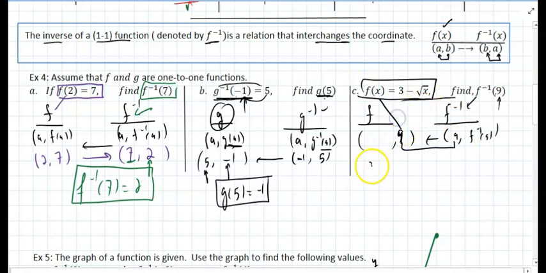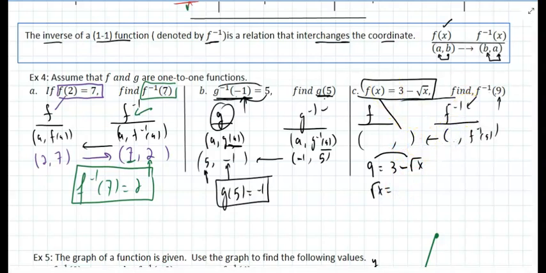Well, put a 9 there and solve. Swap those. Oh, I'm sorry, not 9. Let's go for 1. I made those up. Swap those. And how do you solve that? If you square both sides, you get x equals 4.